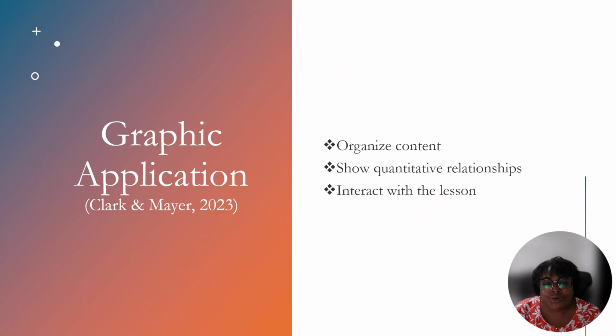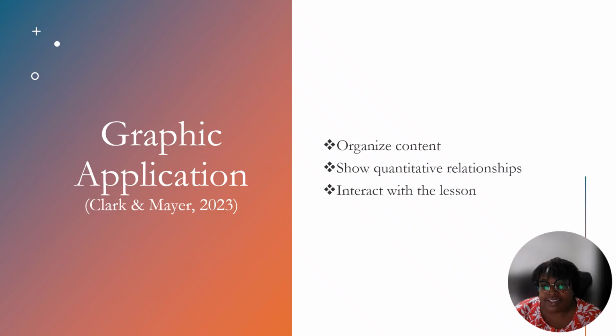So, how do we apply these graphics? We can organize the content, we can show quantitative relationships, or interact with the lesson. So, tables, flowcharts, and concept maps are all great examples of graphics that organize information for a lesson, which can be used to introduce material for a lesson.